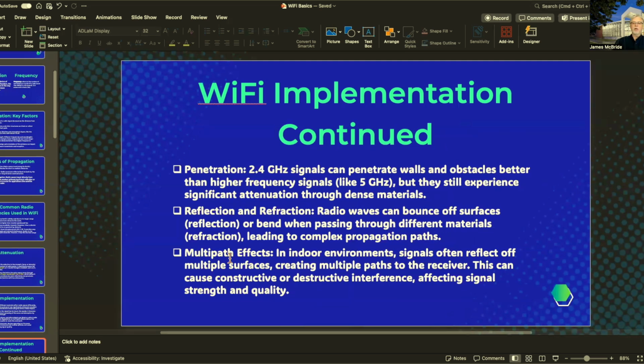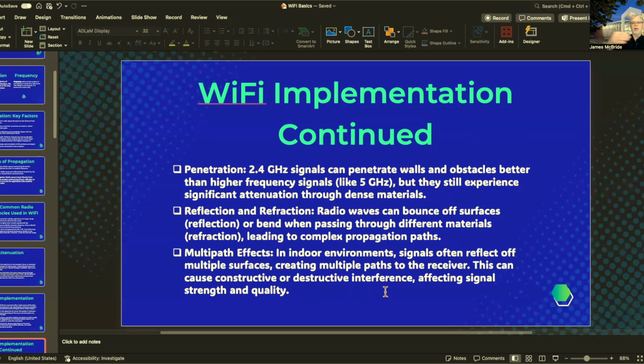And then that multipath effect coming from this, an indoor environment, signals often reflect off of multiple surfaces, creating multiple paths to the receiver. This can cause constructive or destructive interference, affecting the signal strength quality, meaning that multiple paths might help you or they're going to hinder you. And that really just depends on the timing, right?